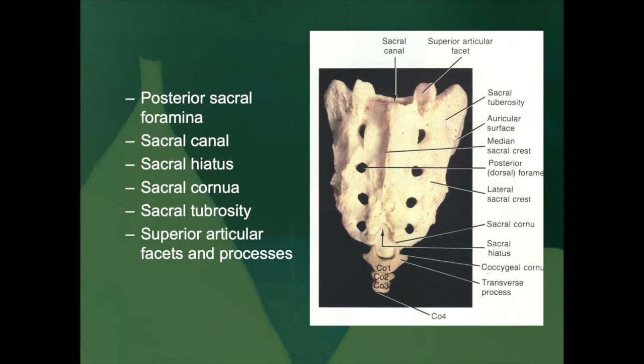These are for articulating with the ilium of the hip bone itself. Posterior to the articular surface is a sacral tuberosity. Make sure to identify where that is located. It contains depressions for the attachments of ligaments, and that is one of those areas that will vary according to sex.